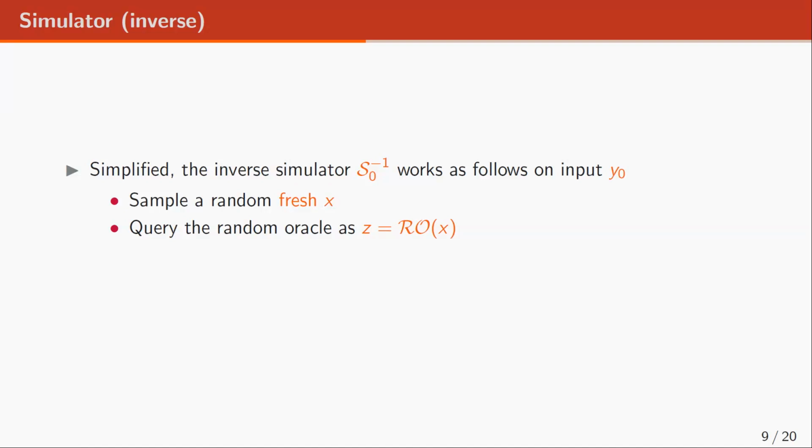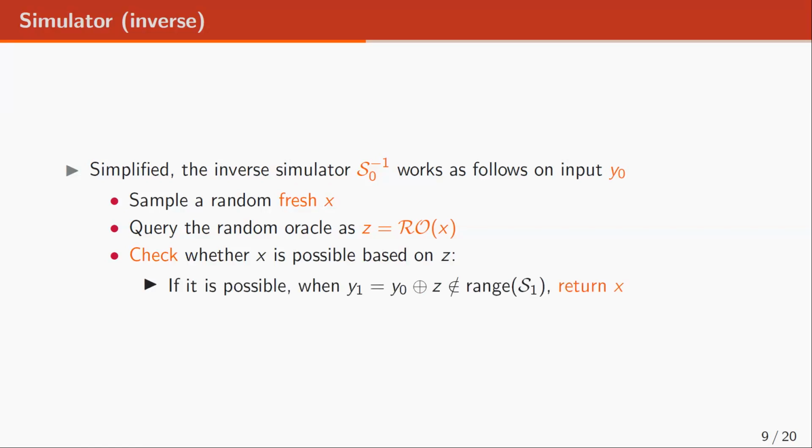But now it also has to check whether this z is actually possible, because once we have this, it will force y1 to be y0 plus z, and that has to be outside of the range of S1. If it is, we return x. But if it is not, we have to repeat this process, draw a new x and try again. We do this up to a variable L times.